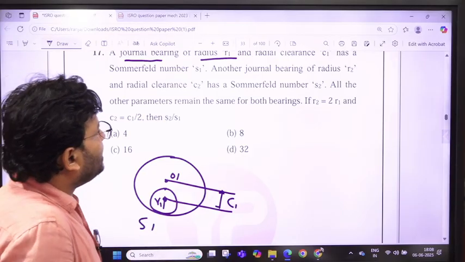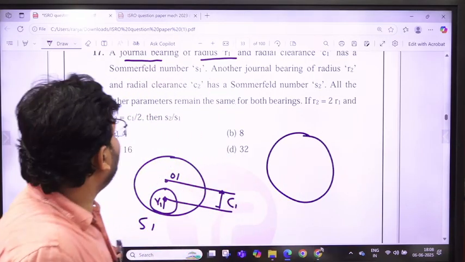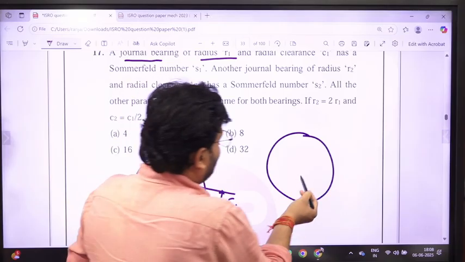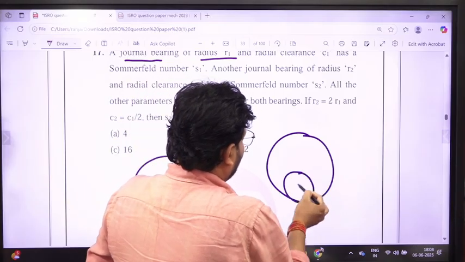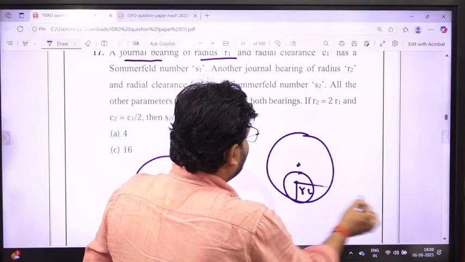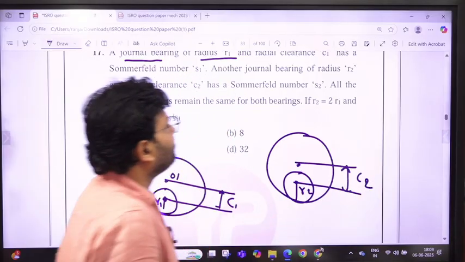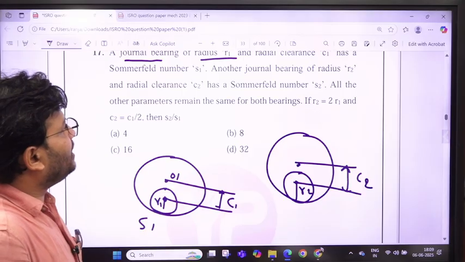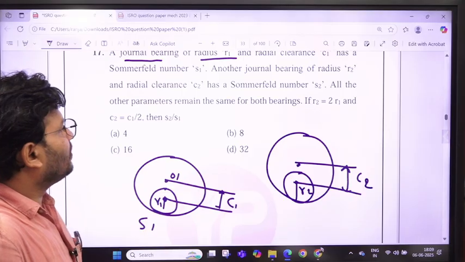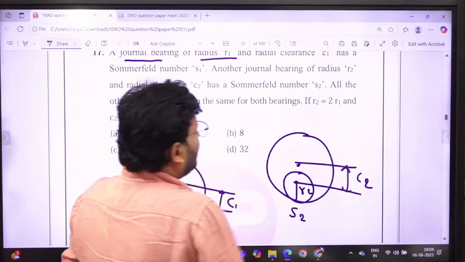Fine. Another journal bearing, of radius r2 and radial clearance. Now this is the bearing, its radius is r2, and let's assume this is its center. Its clearance is given in the question as c2, and it has Sommerfeld number s2.